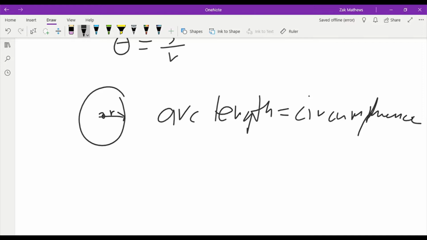If we think about the full distance around the circle, that is the circumference of the circle. If we wanted to find that circumference, I know that circumference is equal to either pi d, or we could write that as 2 pi r.